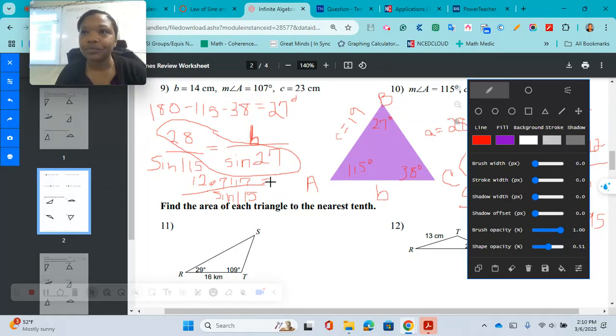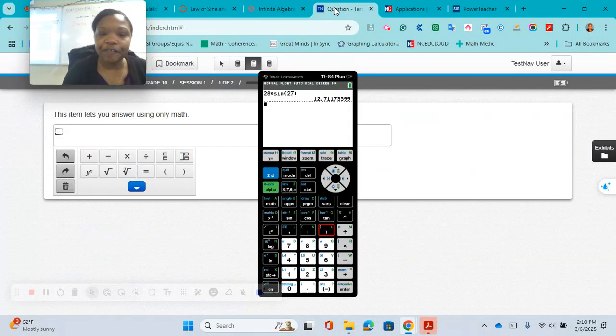So we only do the inverse when we're finding an angle? Yes. Okay, that makes sense. So that divided by the sine of 115, and we have the length at 14.02.